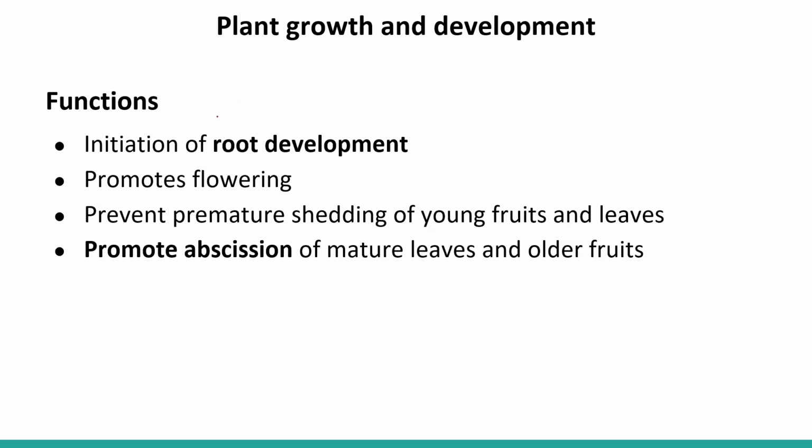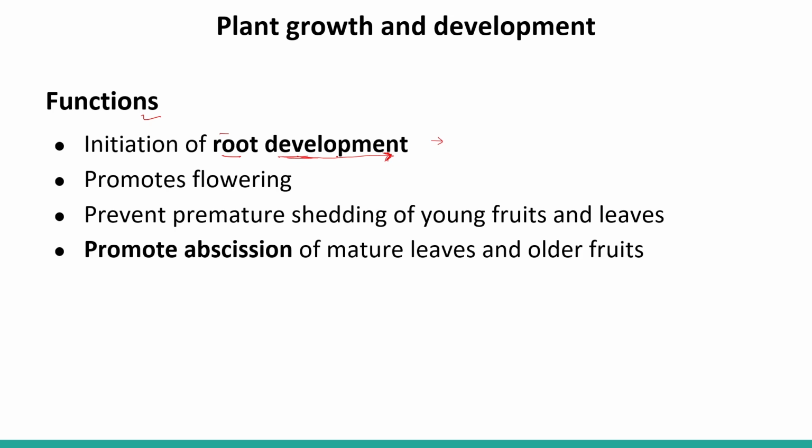Now let's talk about the functions of auxin. What is the primary function? The primary function is the initiation of root development. If you add auxin to, suppose, a callus, it will lead to the development of root.